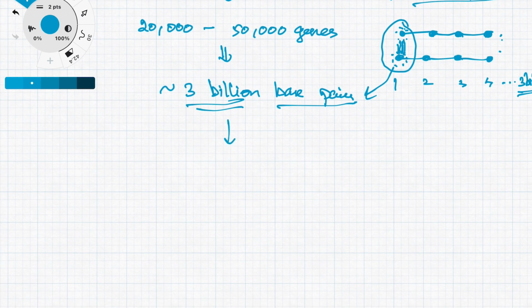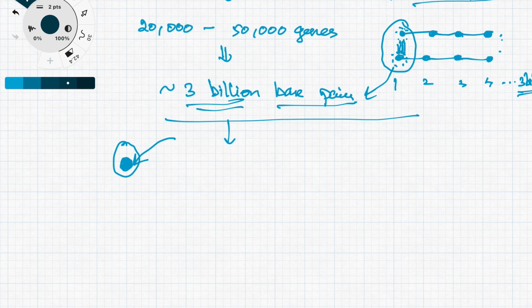But still, as I mentioned earlier, it is present inside the cell, that too inside the nucleus. So how does such a big polymer end up inside this small volume of space, that is the nucleus? How does it do that? It is with the help of two major processes. One is called condensation, the other is organization.